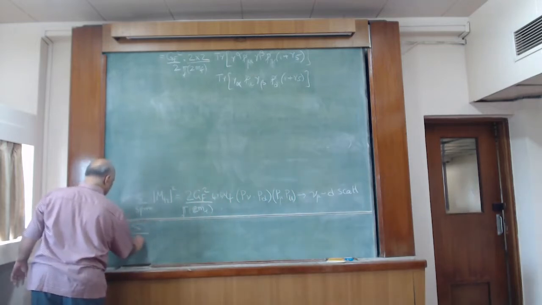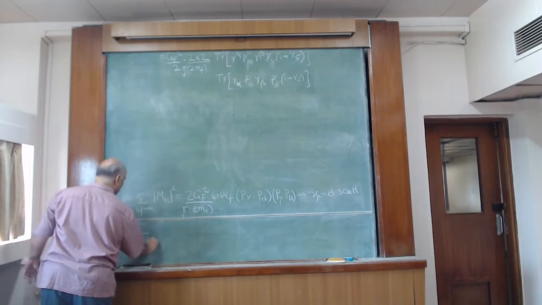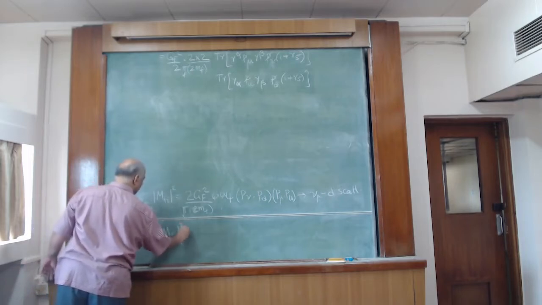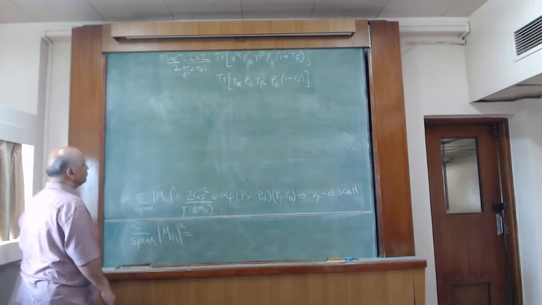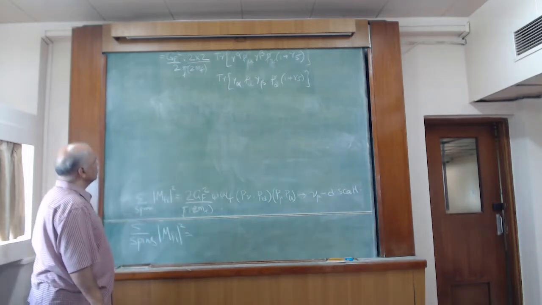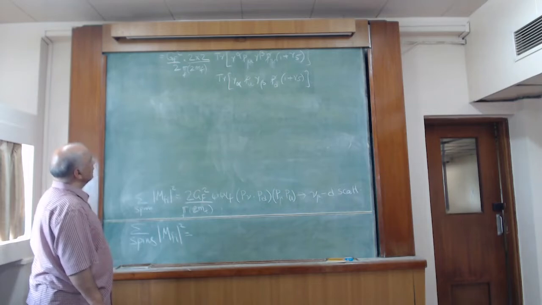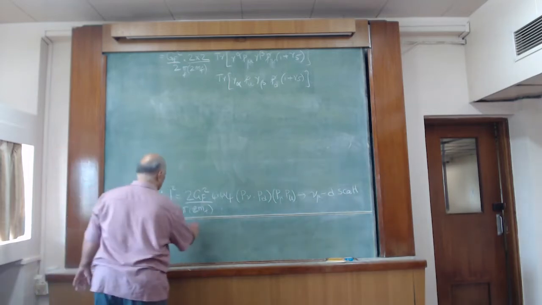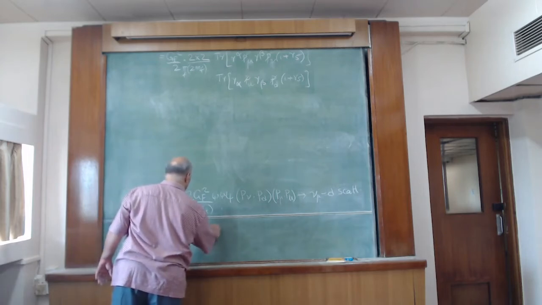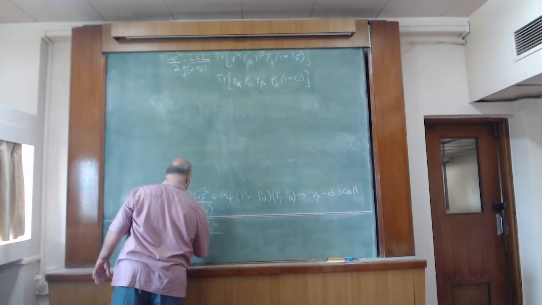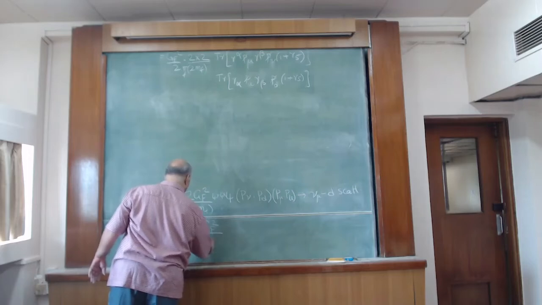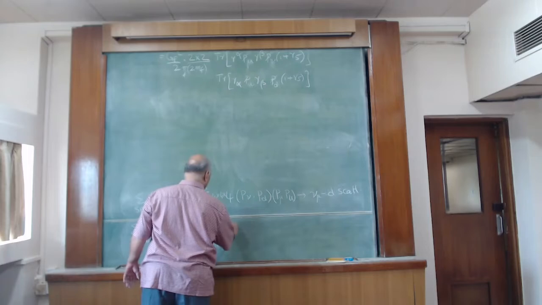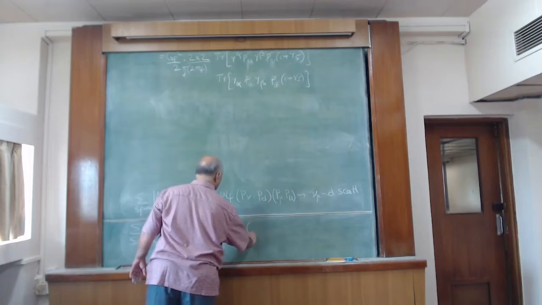So the sum over spins of |M_fi|^2 is 2 G_F^2 by pi f times 4 into 4 into 4.